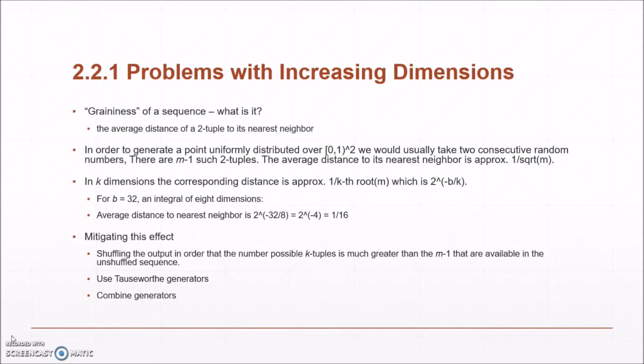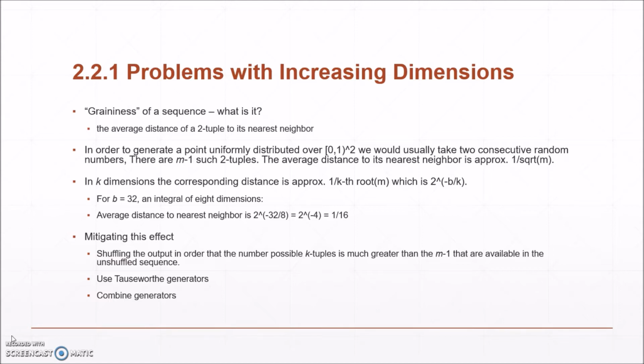So the last thing we want to talk about is some of the problems with increasing your dimensions. What we want to talk about a little bit is the graininess of a sequence. What that is, is when you look at the average distance of a two-tuple to its nearest neighbor. Generally speaking, in order to generate a point uniformly distributed over the period of 0 to 1 squared, we would usually take two consecutive random numbers, and there are m minus 1 such two-tuples.